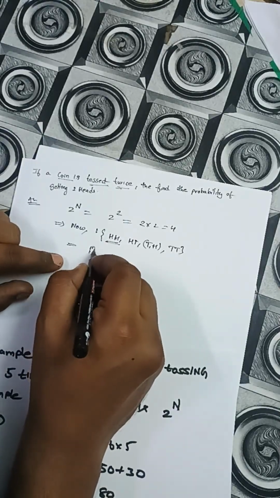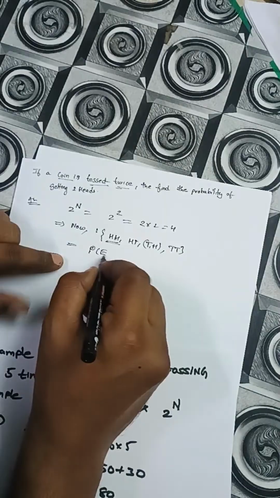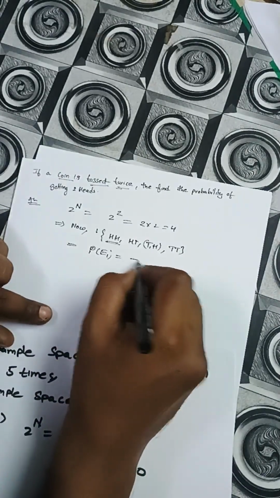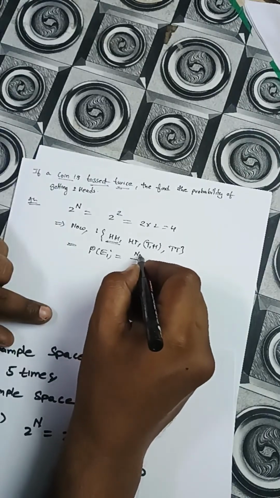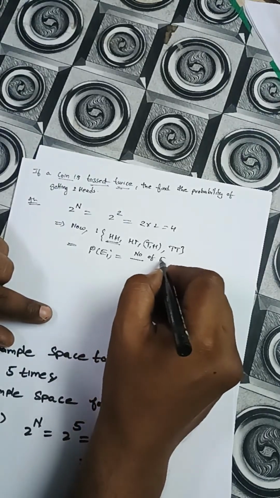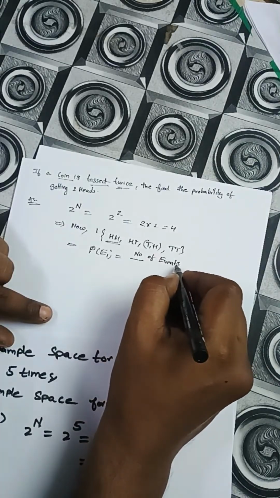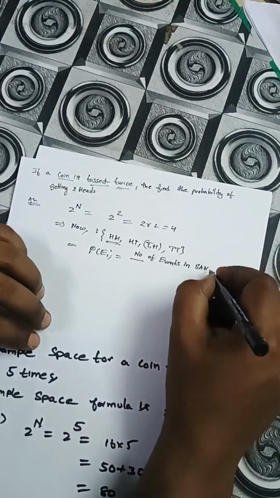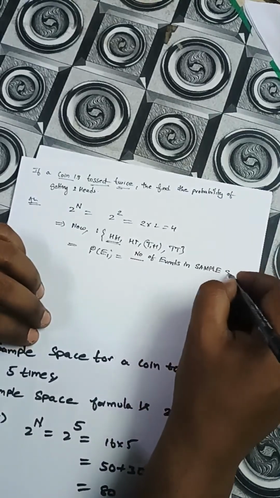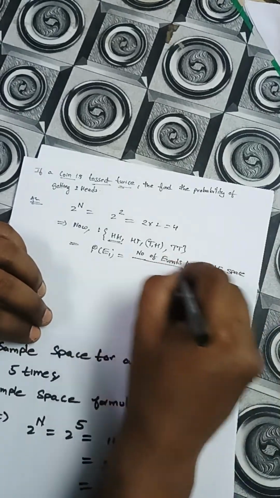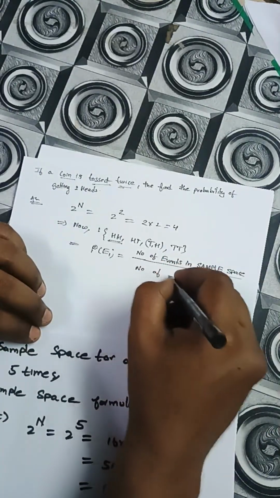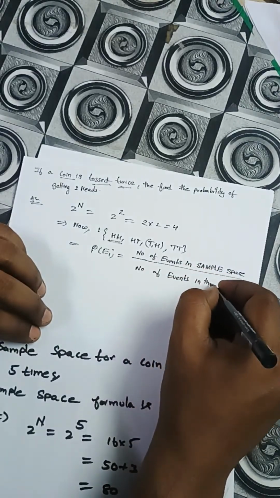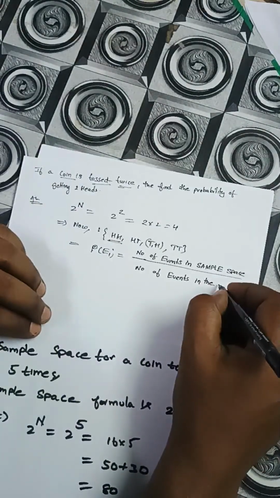So our probability of event E1 is equal to the number of events in the event divided by the number of events in the sample space.